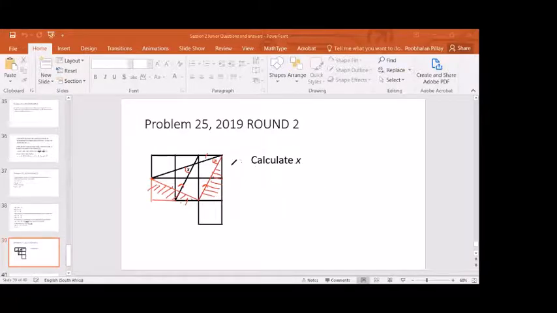Because you have two lengths here that are equal, these are equal, and we already know that this angle is 90 degrees. So this is the right angle, hypotenuse, and a side. Those two triangles are congruent for that reason. And because they are congruent, these hypotenuses will be equal. That is what I said earlier on. These two are equal. But I also said that this angle here is a right angle.